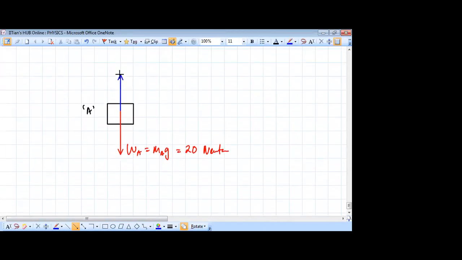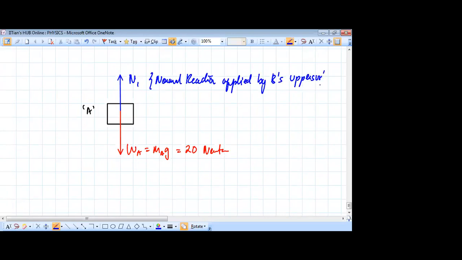Since there is more than one normal reaction involved here, let me call this one N1. This is the normal reaction applied by B's upper surface. B's upper surface will apply normal reaction like this.